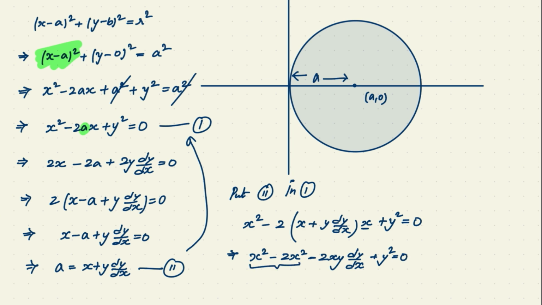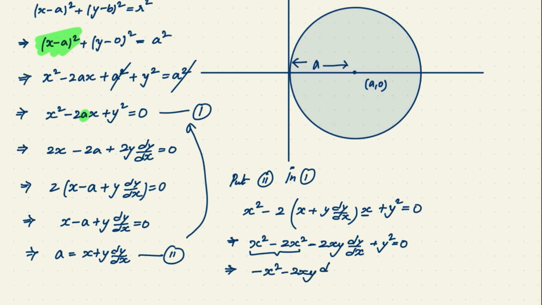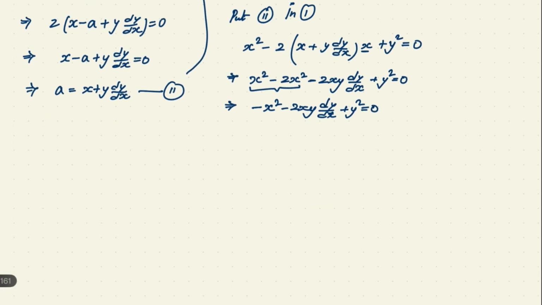Simplifying these two terms, we will have -x^2 - 2xy dy/dx + y^2 = 0. Rearranging the terms, writing y^2 at first, y^2 - x^2 - 2xy dy/dx = 0. So this is the required differential equation, as this equation contains no arbitrary constant.